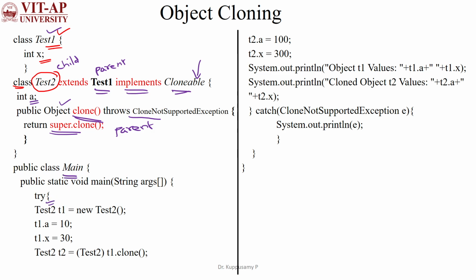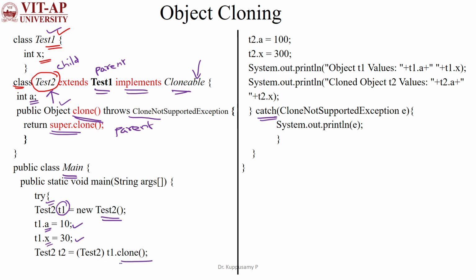Inside that I am using a try catch block in case any exception occurs. Here I am creating the first object t1 by using the subclass Test2. Then I am assigning the values for that object: for the variable a, 10, and for the x variable I am using 30.